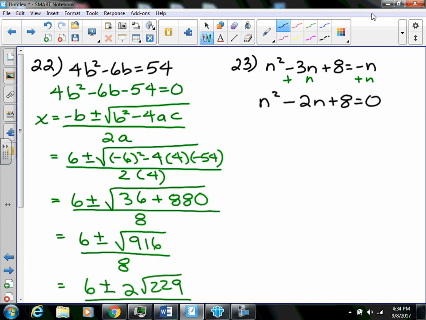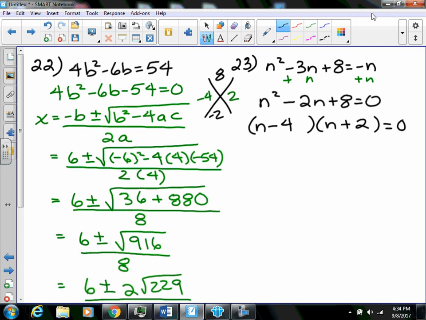All right, so if I'm factoring it, I'm supposed to be looking for two numbers that multiply to equal 8, but add together to equal a negative 2. Well, your factors are going to end up being a negative 4 and a positive 2. So to factor this, you have n minus 4 times n plus 2.